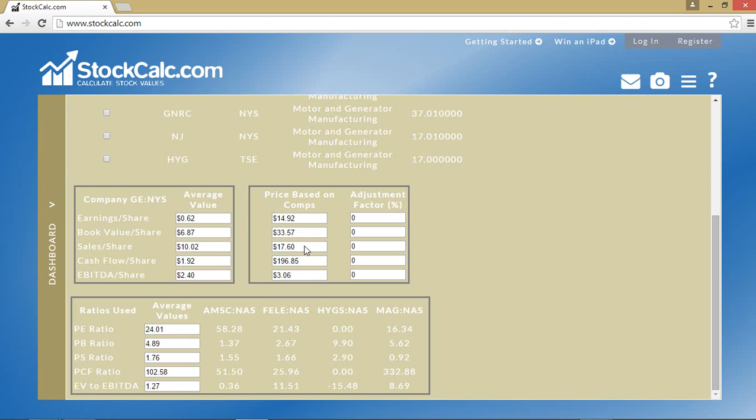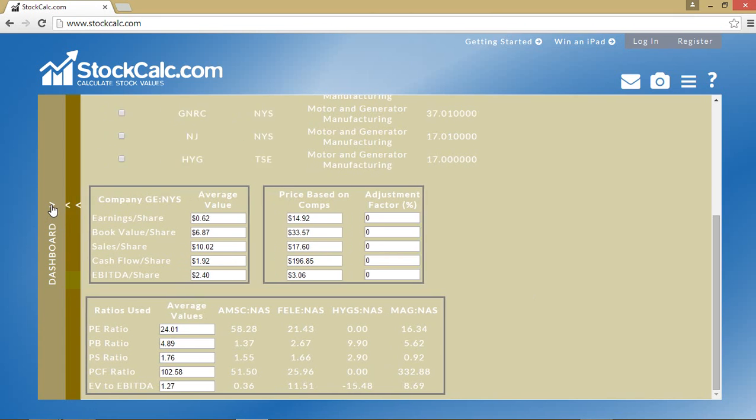Sales per share, so on a price to sales ratio, we would get $17. On a cash flow, we would be at 196. Again, we have one very high value in here. And on an EBITDA basis, we would be showing 3. We actually have one value that's negative on an enterprise value to EBITDA ratio basis that's dragging down that valuation.